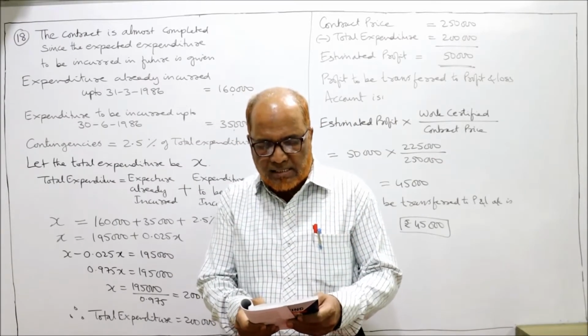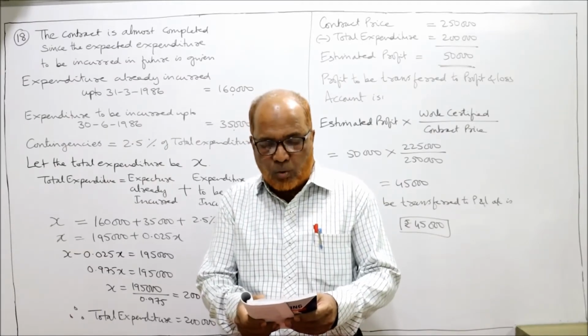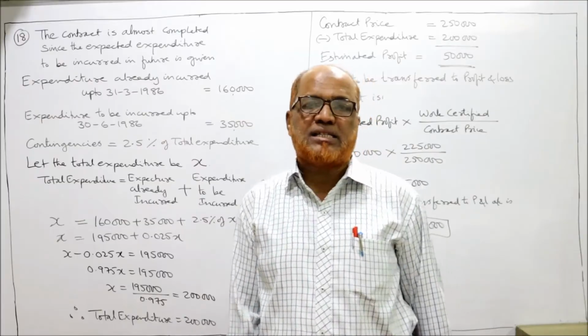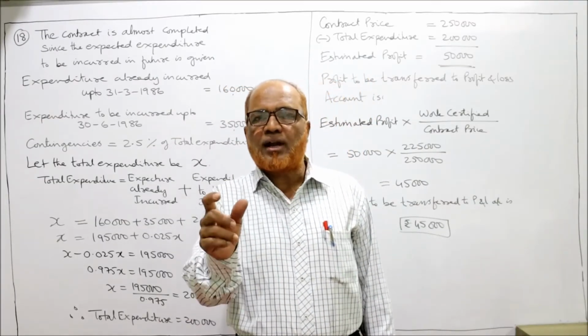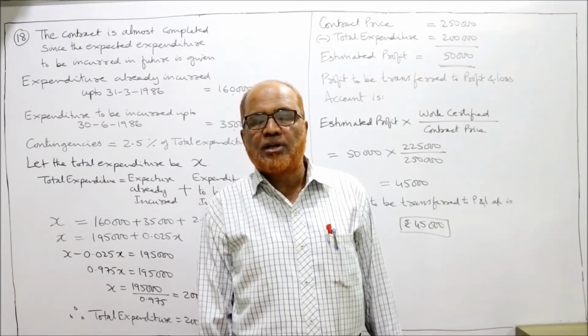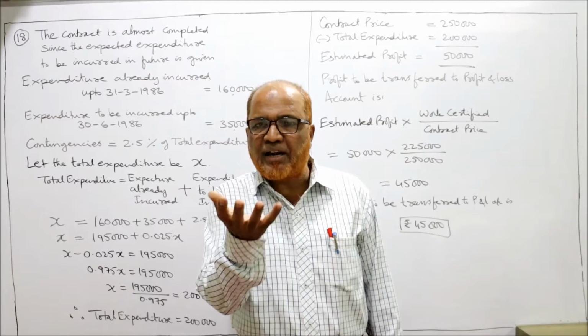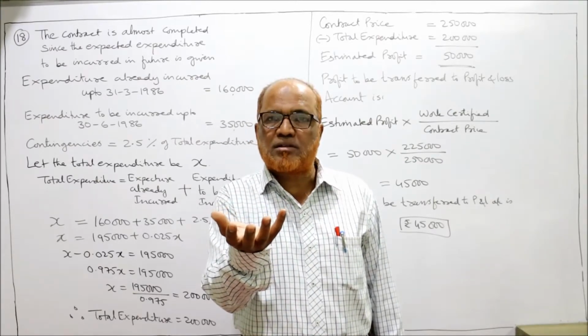And the total estimated expenditure on the contract is to include a provision of 2.5% for contingencies. In the previous problem also I told you the contractors are not sure regarding the expenditure to be incurred. However accurately we expect the expenditure, we will not be 100% correct.